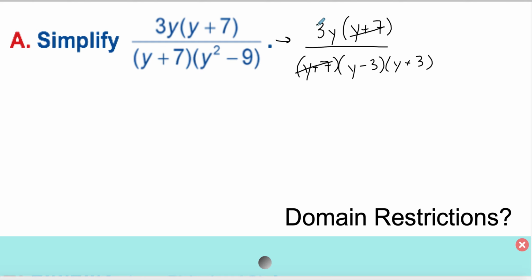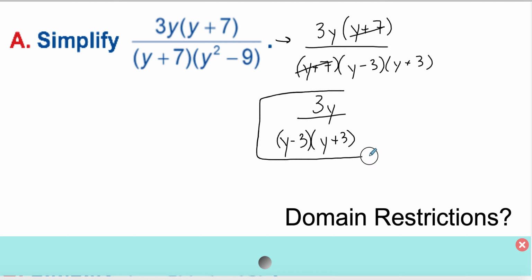Now you might want to cancel that 3 with these, but you can't do that because there's a plus and a minus in those. You can't just take the 3 out since there's addition or subtraction. So after we simplified it down, we have this rational expression that we're done with.